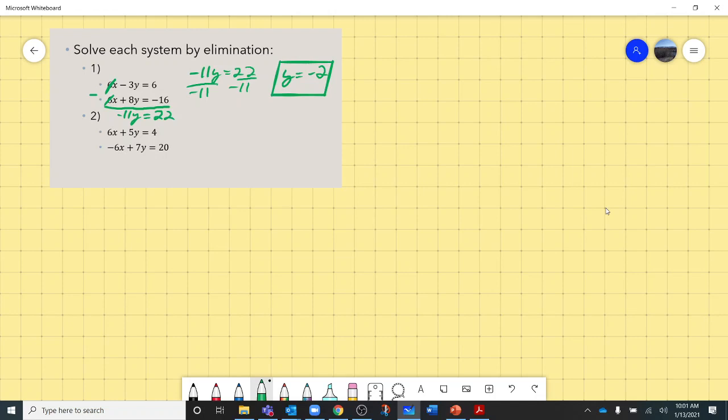And so we're going to plug that back in, and it doesn't matter which equation you plug it into. Let's plug it into the first one. So we have 6x minus 3 times y, and y is negative 2. We figured that out. Equals 6. Negative 3 times negative 2 is a positive 6.